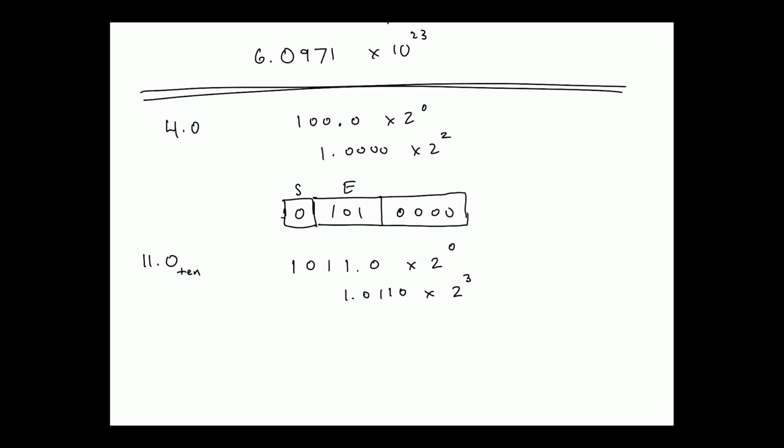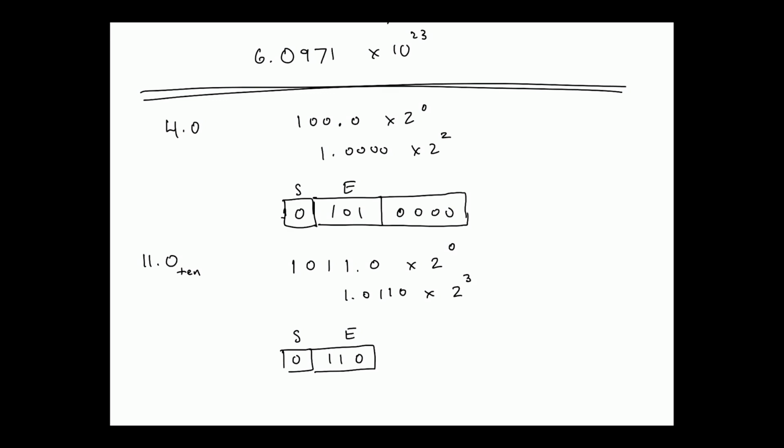Okay, so sign bit is what? 0. Exponent is what? 6, which I'll encode like this, a 4 and a 2, right? Okay, so why 6 again?